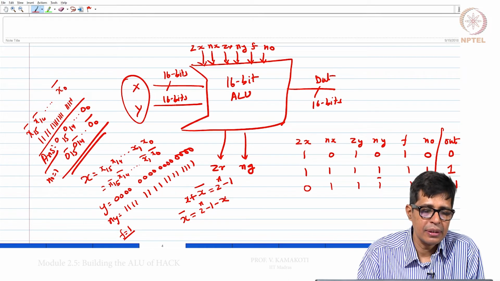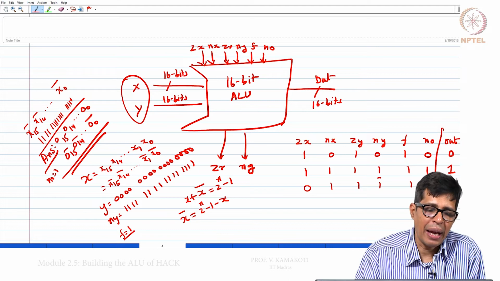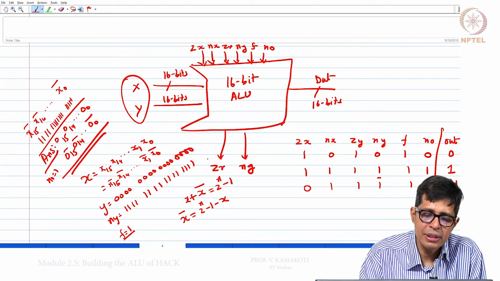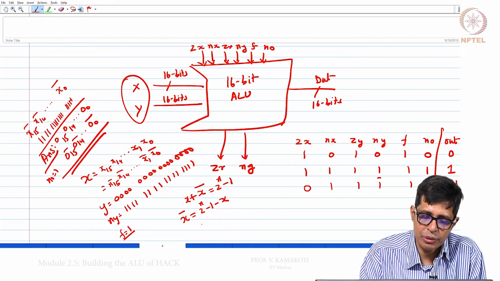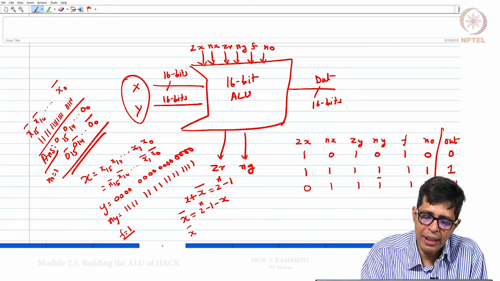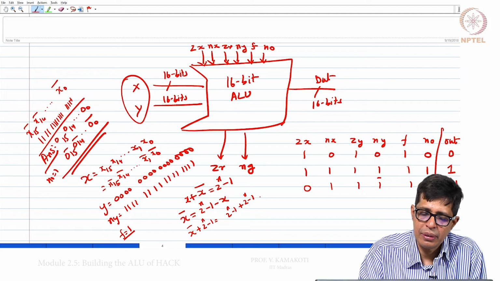To this I am adding 1 1 1 1 1 1 1 1. What is 1 1 1 1 1 1 1 1? This is nothing but 2 power n minus 1. So, to this x complement I am adding 2 power n minus 1, which is 2 power n minus 1 plus 2 power n minus 1 minus x.